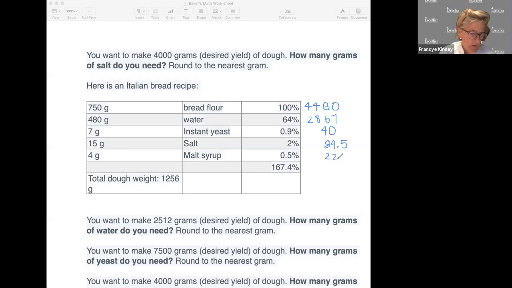Okay, so let's add all these up: 4,480 plus 2,867 plus 40 plus 89.5 plus 22.